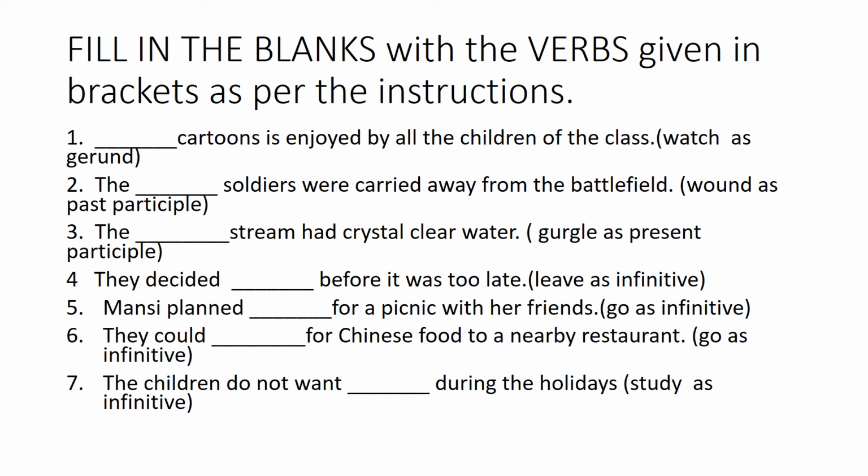Here we are supposed to use bare infinitive because after modal verbs we use a bare infinitive. Could is a modal verb. They could go for Chinese food to a nearby restaurant.